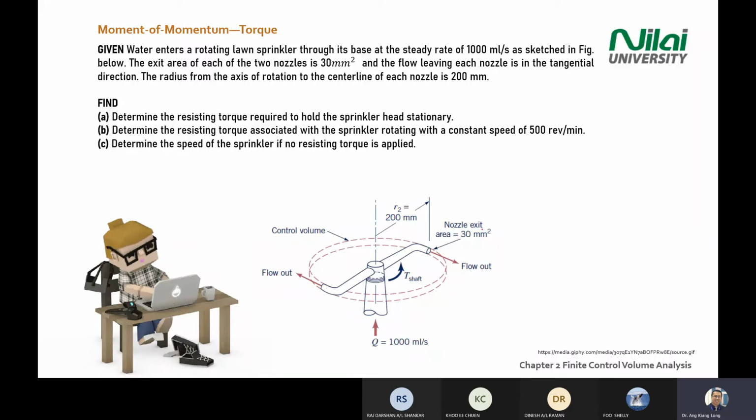Area is given. The arm, or the R, is given. The unit here is mm, so be careful when you convert. Q here is in ml, so you need to do conversion also. If you can, stay with SI units.